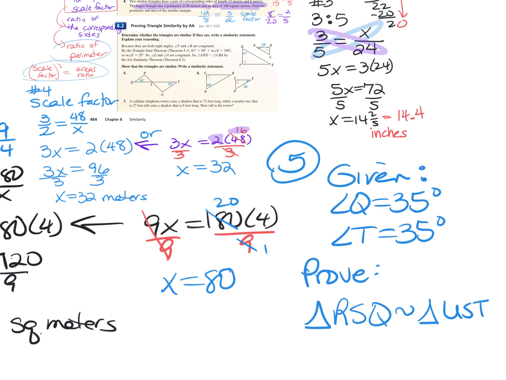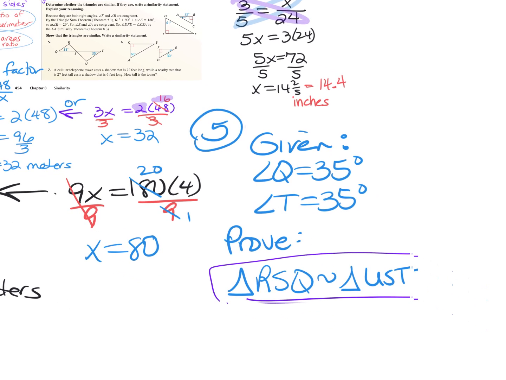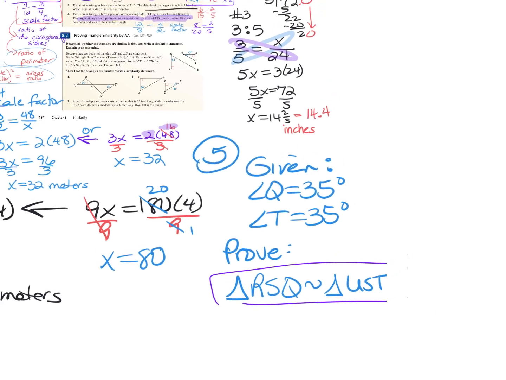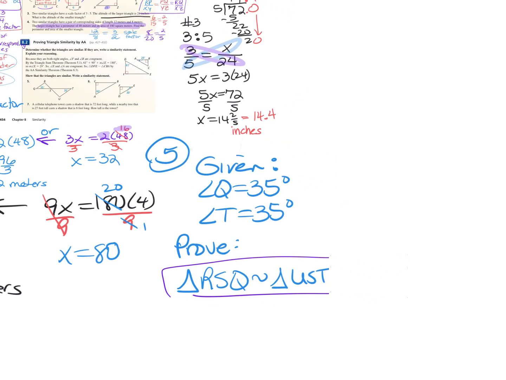It just wanted you to say, yes, they're similar, and what reason, and then to give this statement. So this is the similarity statement. So let's go ahead and set up our proof. I just changed this problem to be a proof. So again, your picture here looks like this. And it had Q, R, S, T, U, 35, 35.